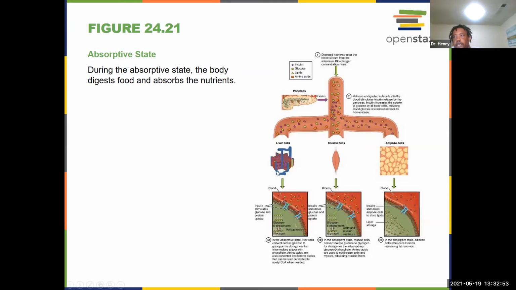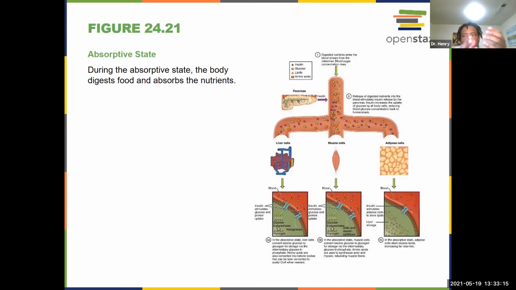So here the liver cells are going to actually start taking up the glucose, right? They have an insulin receptor that tells them, hey, you need to start uptaking some of that glucose. And so your liver cells are going to take up the glucose, take all that excess sugar, and store it as glycogen.